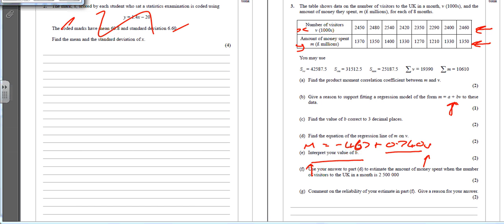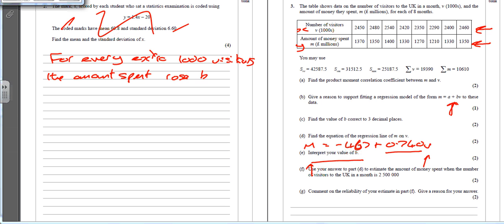So we need to say for every extra 1,000 visitors, the amount spent rose by 0.740 million, or 740,000 pounds would be a better way of putting that.